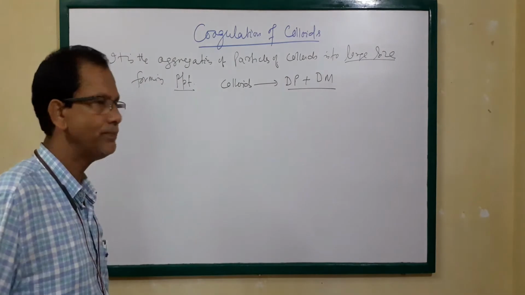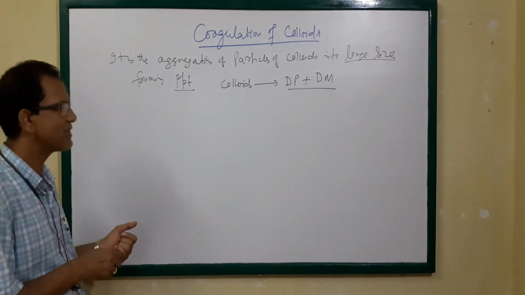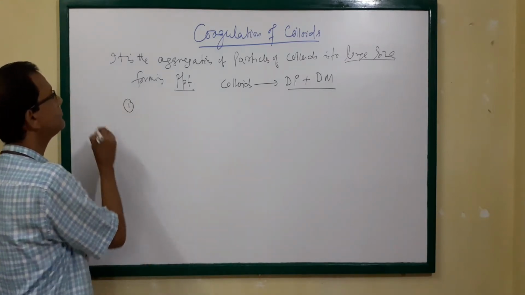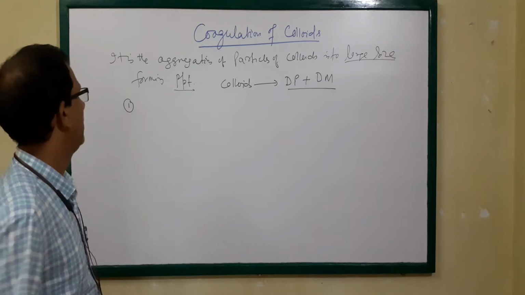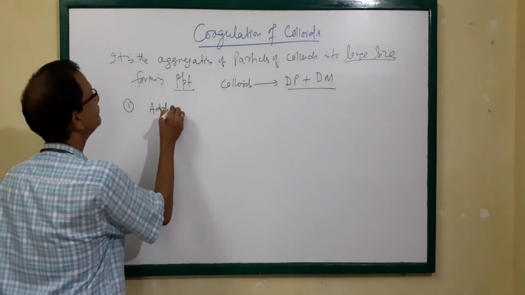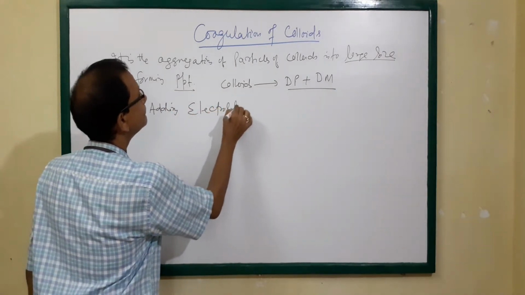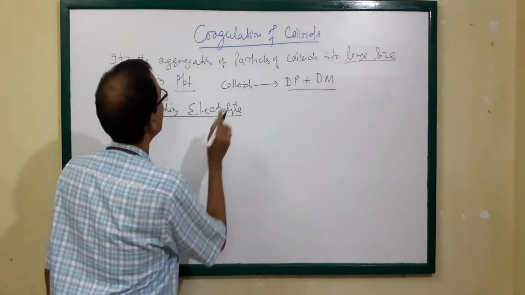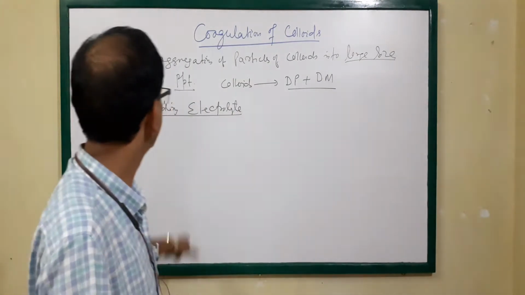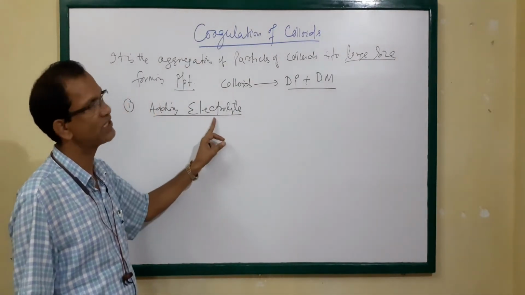Coagulation can be done by different methods. What are the methods of coagulation? First one is adding electrolytes. Electrolytes carry cations and anions. These electrolytes coagulate the particular charge of colloids.